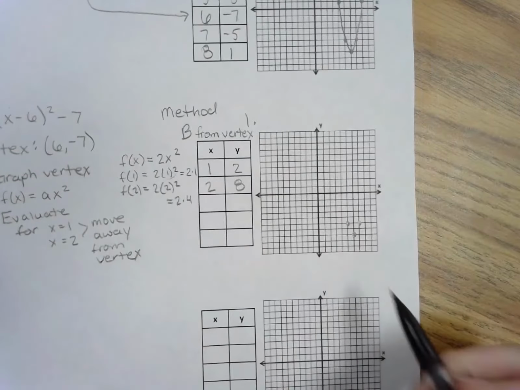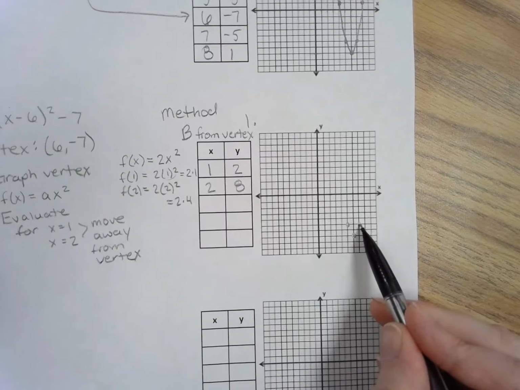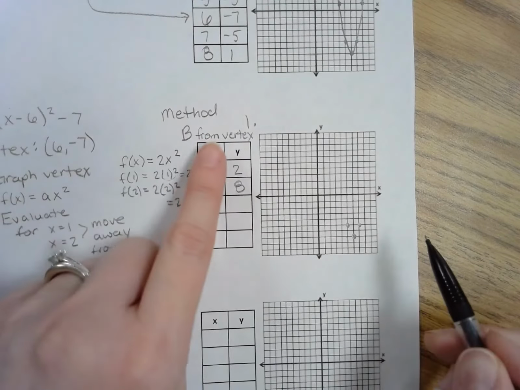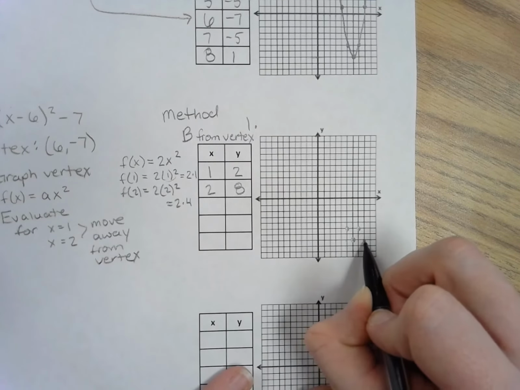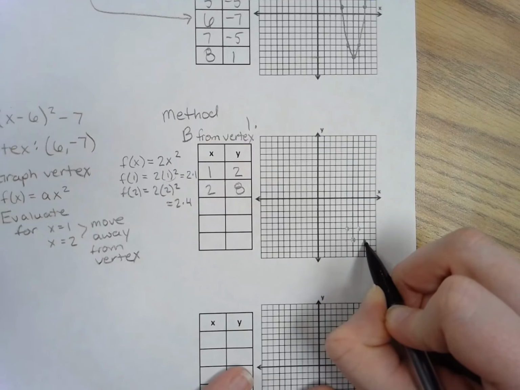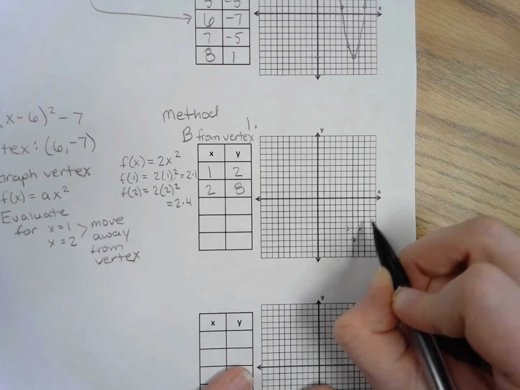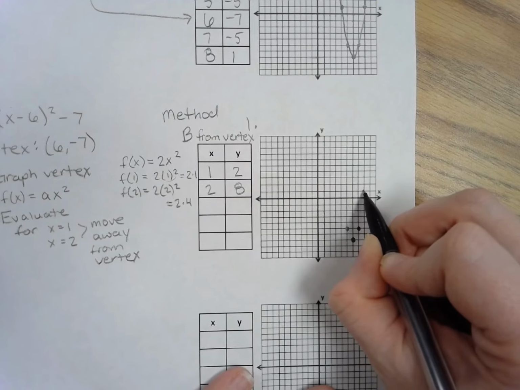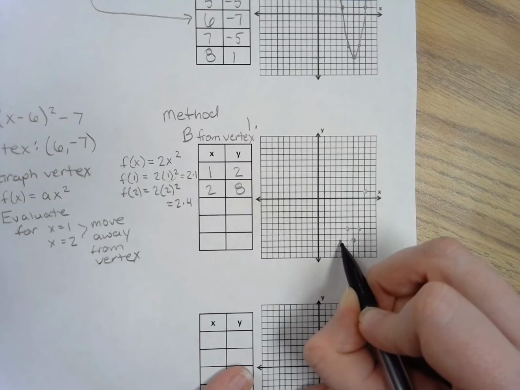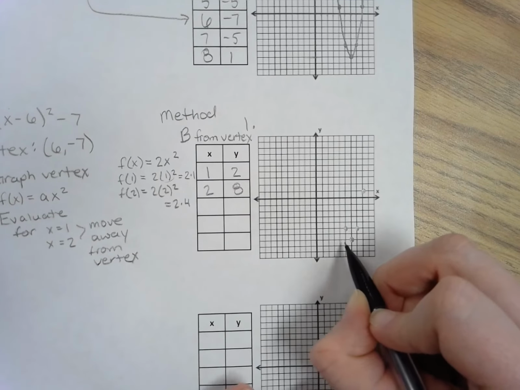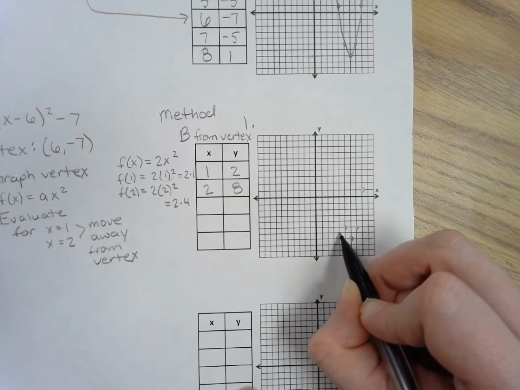Going back again to our vertex, not the points we just graphed, move 2 places away on your x, 1, 2, and 8 places away for your y: 1, 2, 3, 4, 5, 6, 7, 8. And of course it should cause that mirror image, so go 2 places to the left this time, and 8 y's.